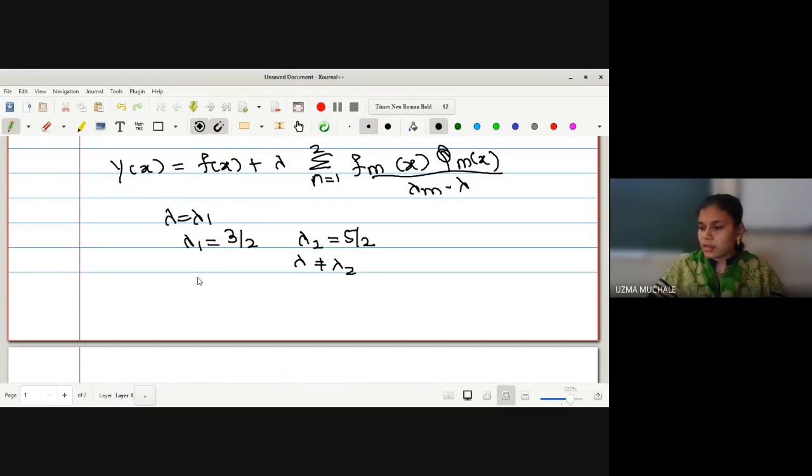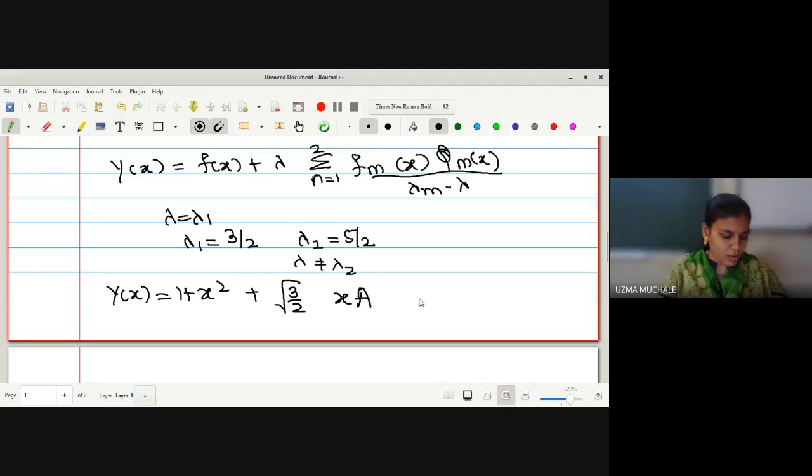So we can write here lambda is equal to lambda 1 and hence we get infinitely many solutions, and I can write it in the form: y of x is 1 plus x square plus root of 3 by 2 as it is, into x, into some constant a. For different values of a we get a different solution.